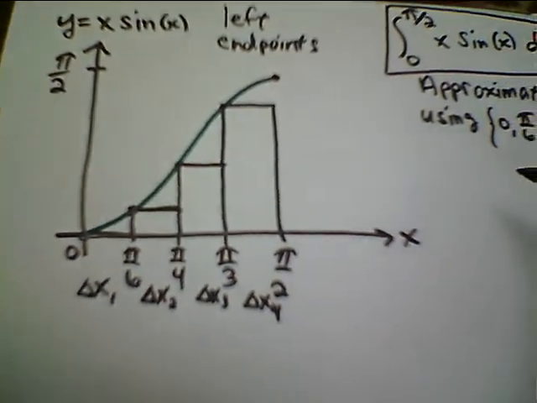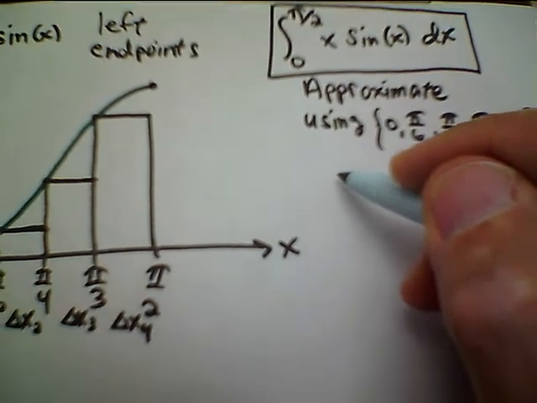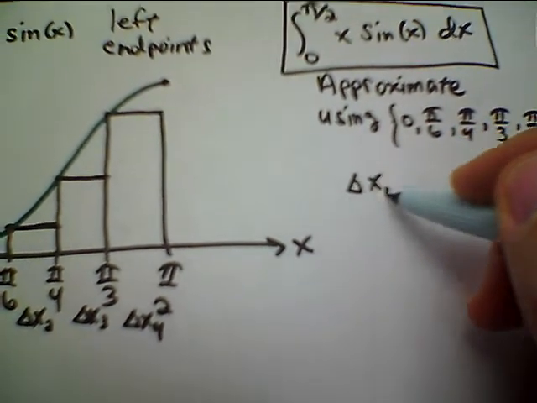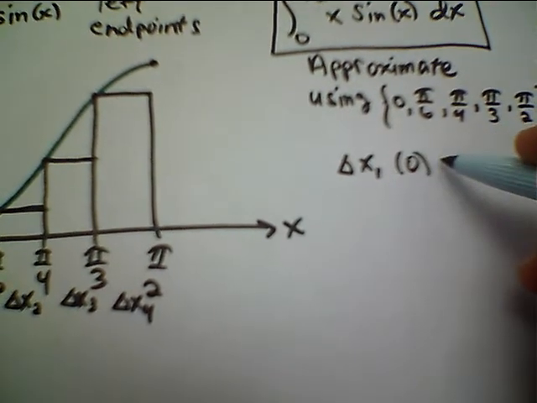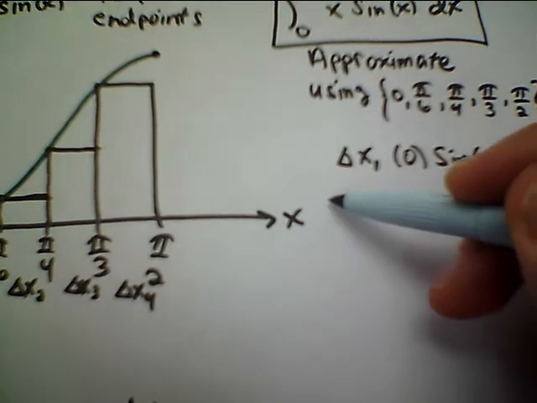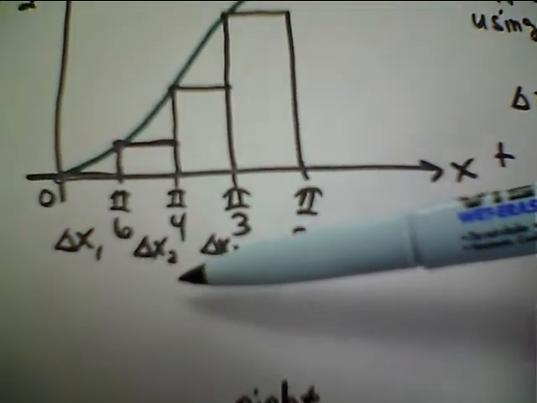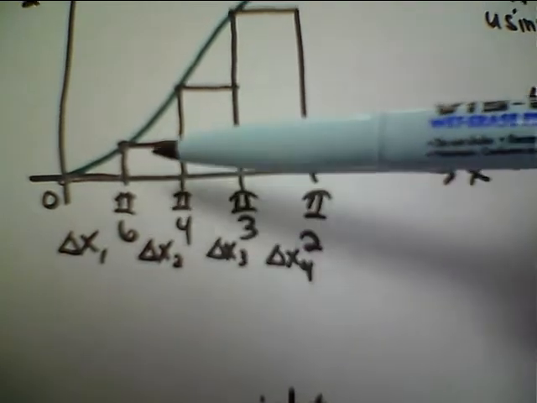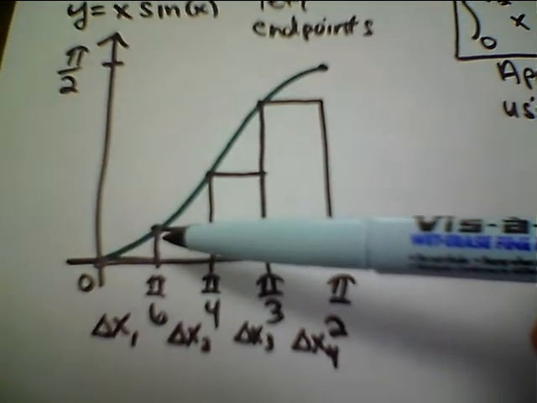So the first rectangle will be base delta x1 times height, which is 0 times sine of 0. Then we will add the base of the next rectangle, delta x2 times the height, and the height is the function evaluated at pi over 6.